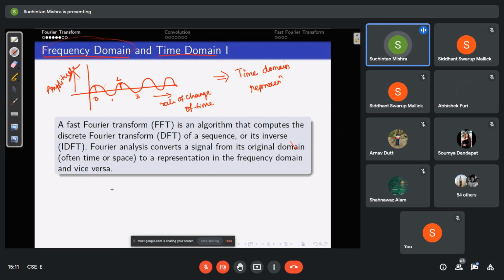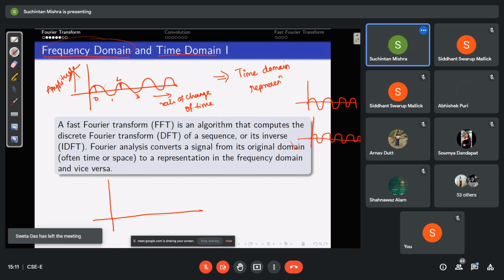So in the frequency domain representation, every signal is either made up of a single frequency or composite frequencies. Mostly when signals are transmitted, they are transmitted as composite signals.